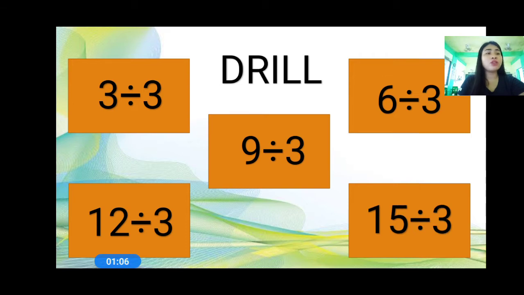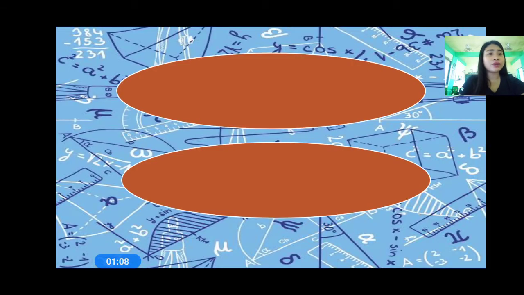Okay, so I'm going to show you something, and then you're going to answer my question. So what is that? That is a sign. Very good. What sign is that? Okay, the division sign. So if we are going to use this sign, what operation are we using?